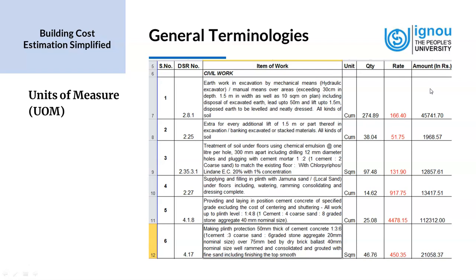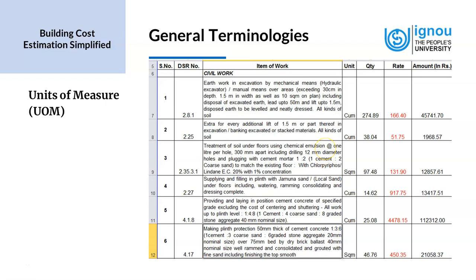And we will first look at the description. So we see that earthwork in excavation by mechanical means. So we understand it is the earthwork that we are describing here. So earthwork is measured in volume, and so we have cubic meters as unit.